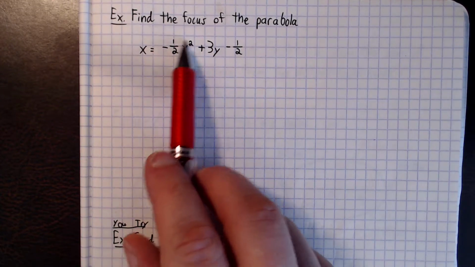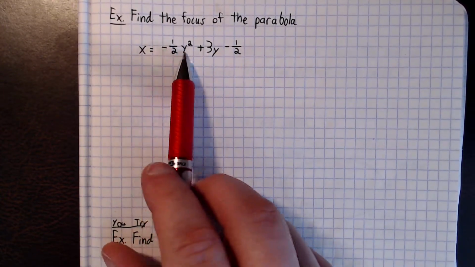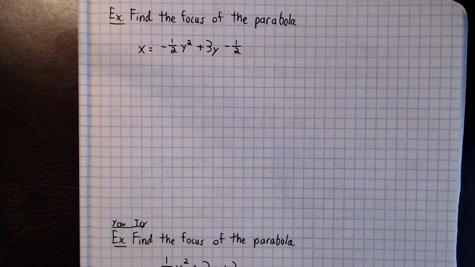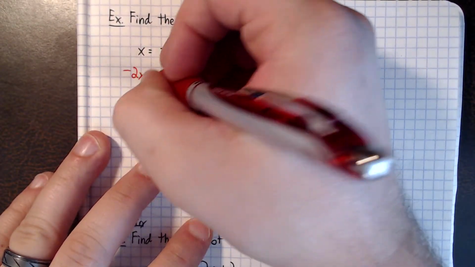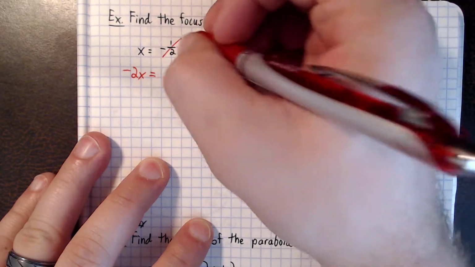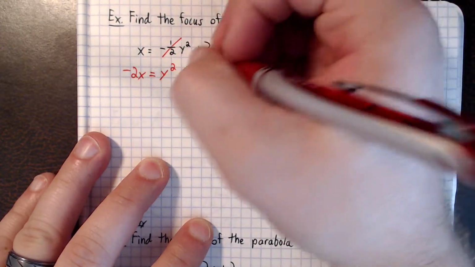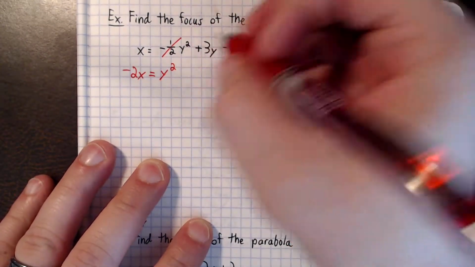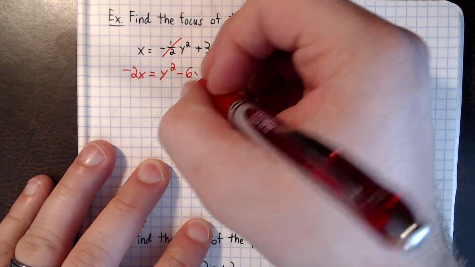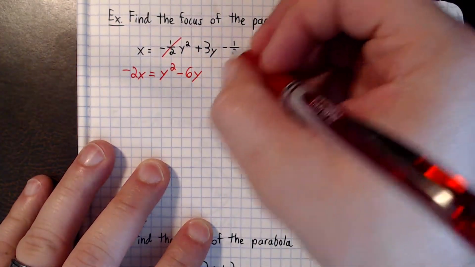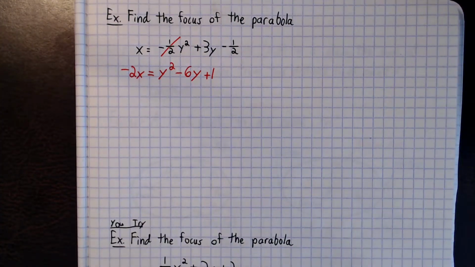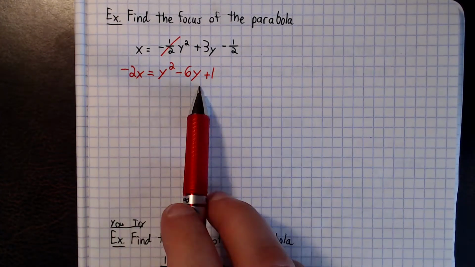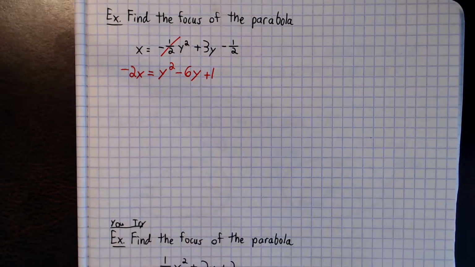Because that's going to give me y squared all by itself, which is what I want. So that'll be -2x. If I multiply by -2, that gives me positive y squared, times -2 gives us -6y, and times -2 gives us +1. Okay, so now this is looking a little more user-friendly. No more fractions, no big deal.